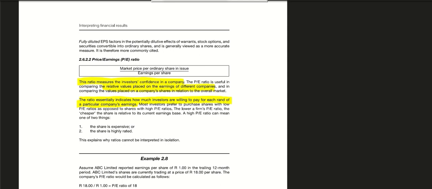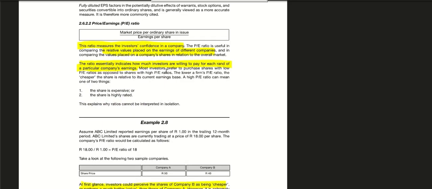if a low PE ratio would indicate that a particular share is undervalued or not, but it could indicate because it's cheaper.